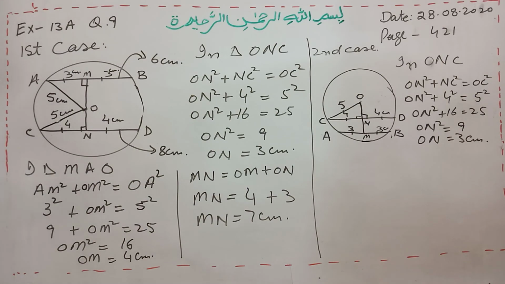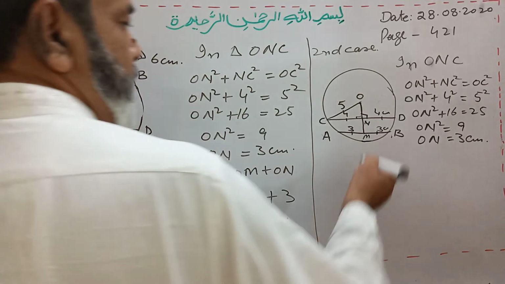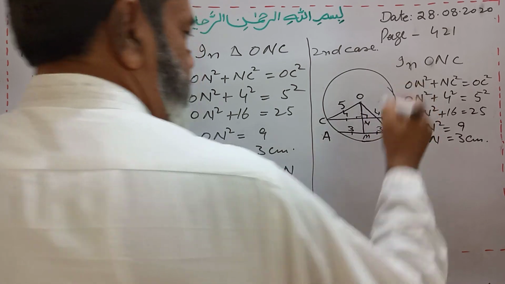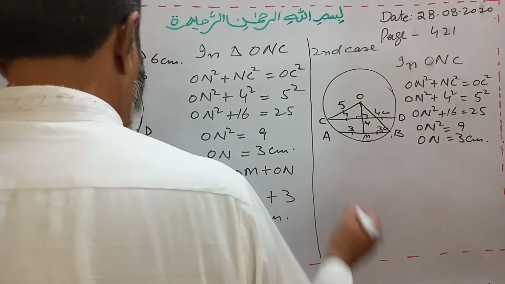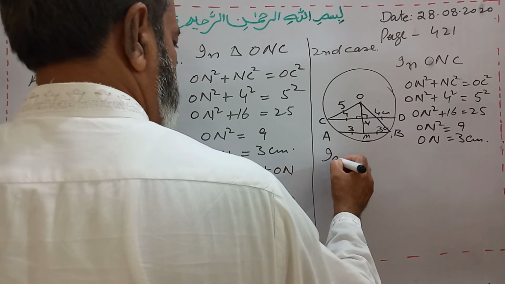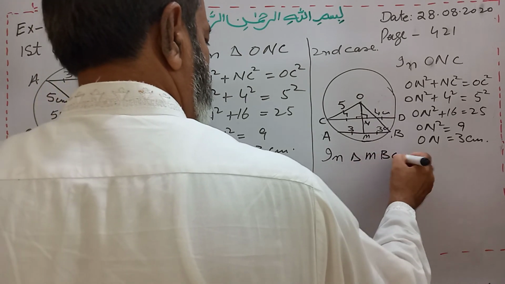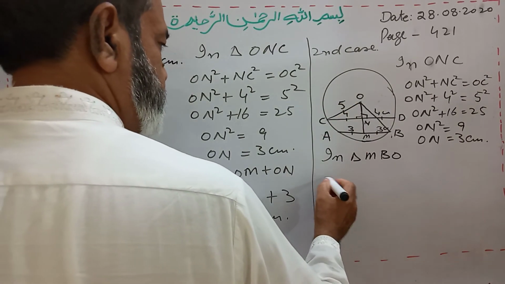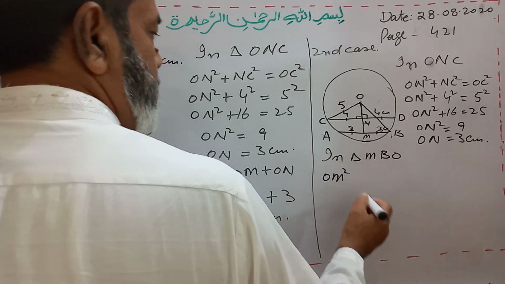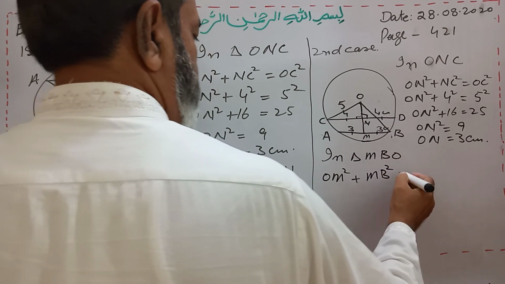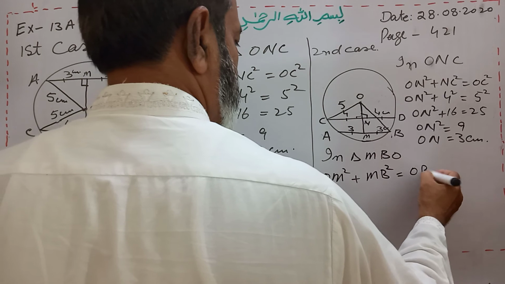Now using triangle MOB, anyways you can use the triangles. In triangle MBO, OM square plus MB square is equal to OB square.